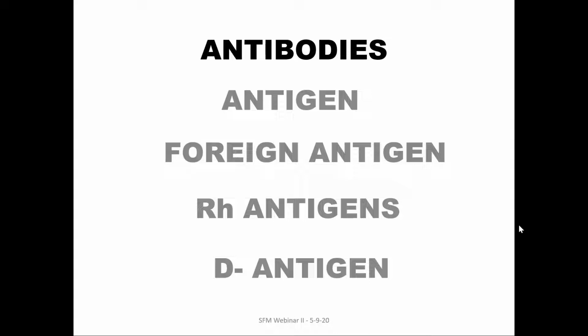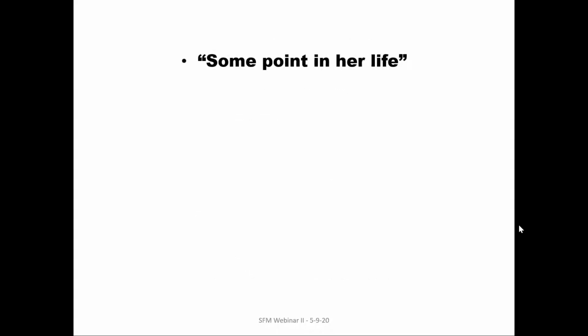Now, I know I've made a very long sentence, and it might have sounded confusing to at least some of you, but every phrase that I used in this sentence was intentional and carried meaning. When I said that this antigen would have entered her circulation at some point in her life thus far, what do I mean? I mean that these sensitizing events that stimulated the production of antibodies need not always be a prior sensitizing pregnancy.